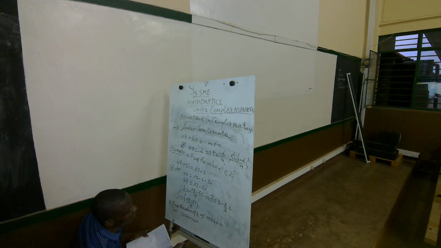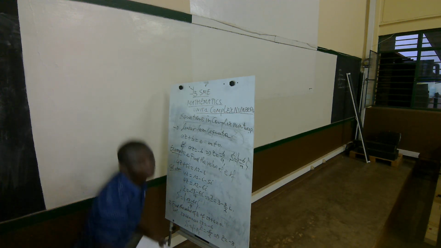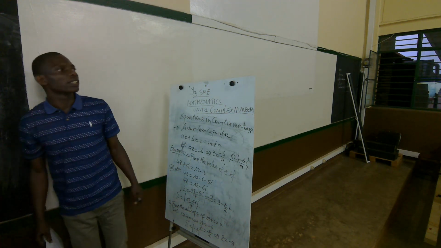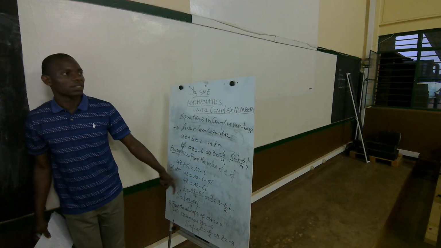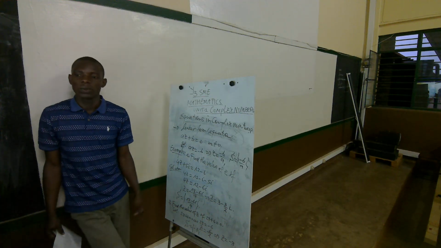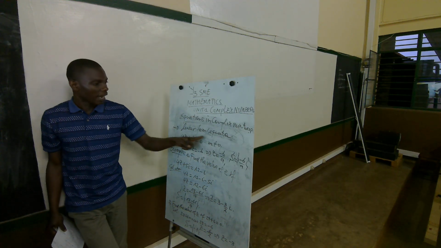This is equivalent to 2z is equal to negative 6, and z will be equal to negative 6 over 2. And this implies that z will be equal to negative 3, and our solution will be equal to negative 3. So this is for the case in the set of the complex numbers when we are solving the linear equations.